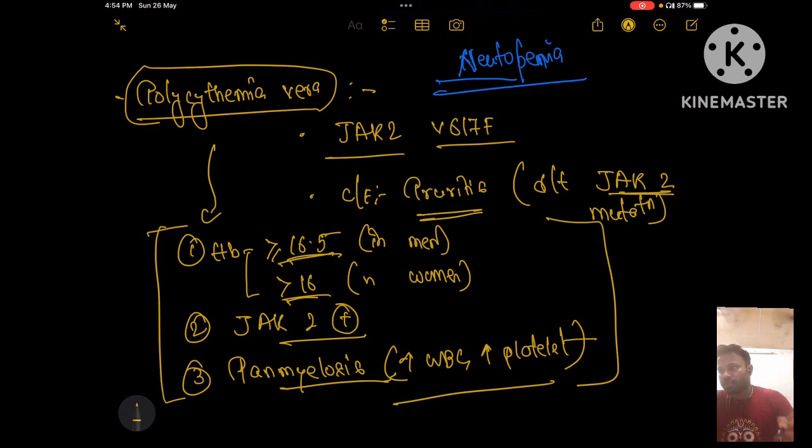All three major criteria, or the first two major criteria and one minor criterion, are needed. The minor criterion is low serum erythropoietin level.